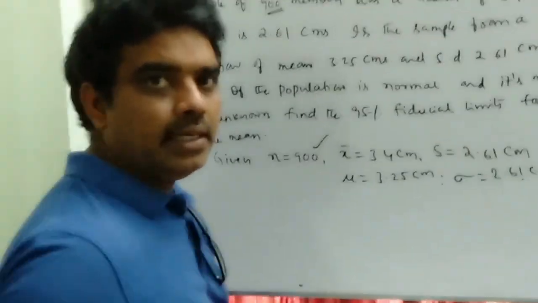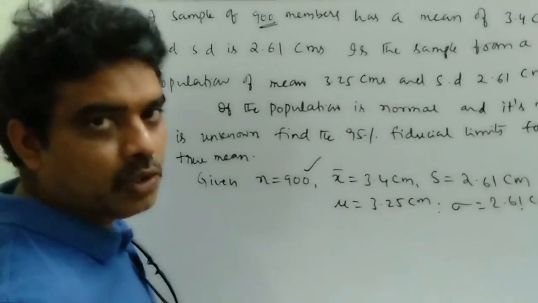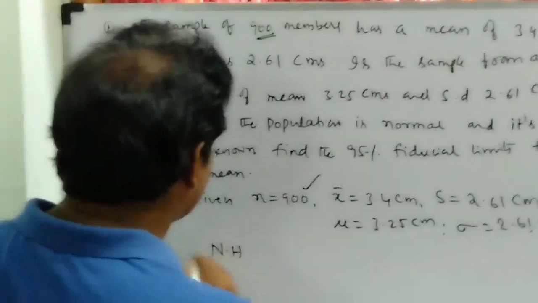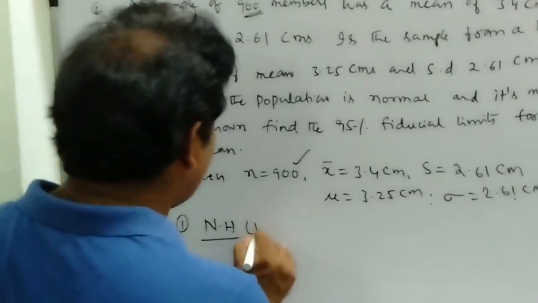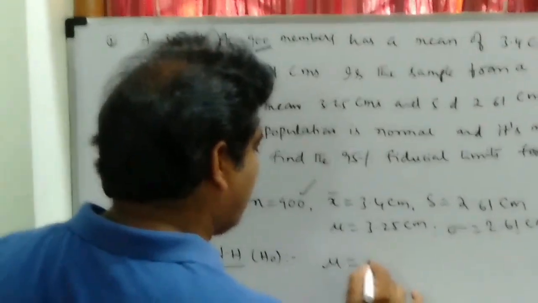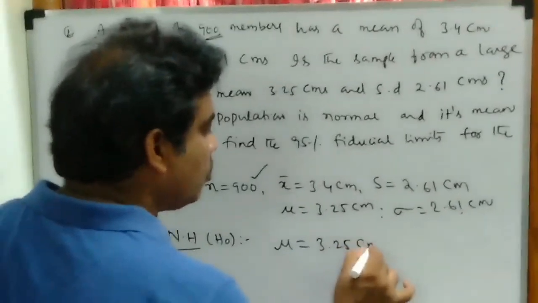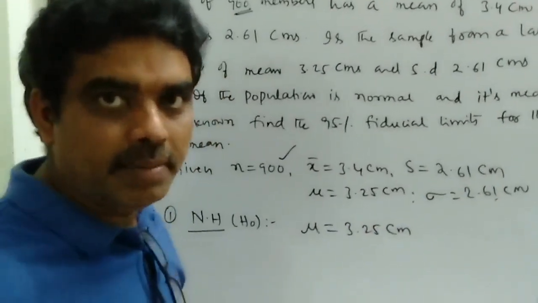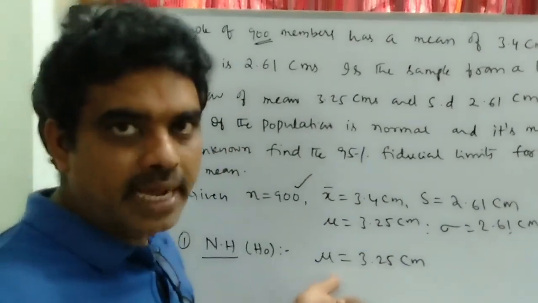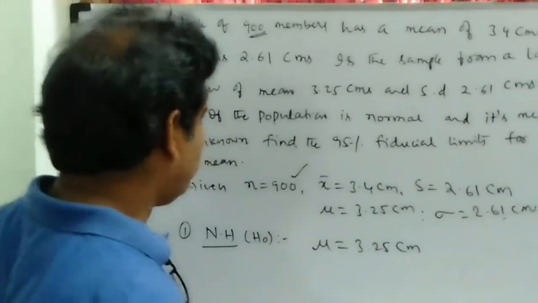Now we go for the testing of hypothesis procedure step by step. Step 1, set up the null hypothesis H naught. This is the direct statement about the population parameter, which is given as 3.25 centimeters. Now we are going to check whether this value should be accepted or rejected.